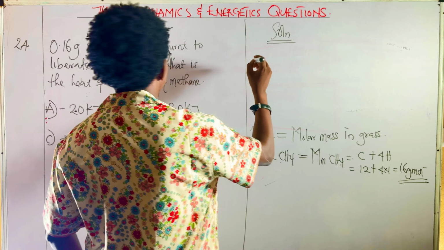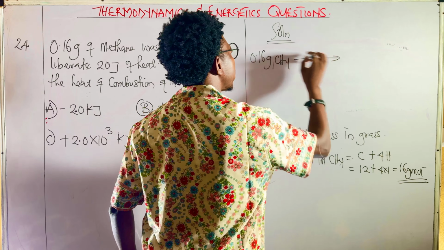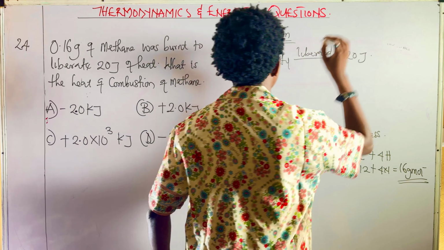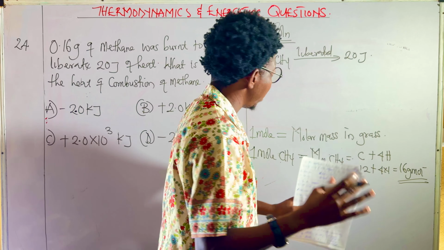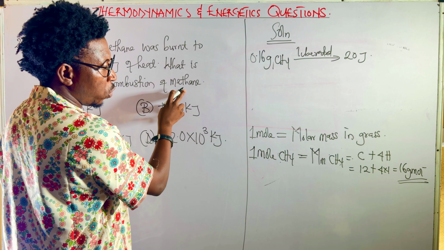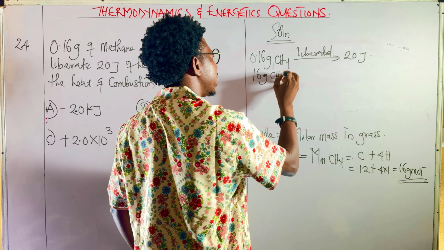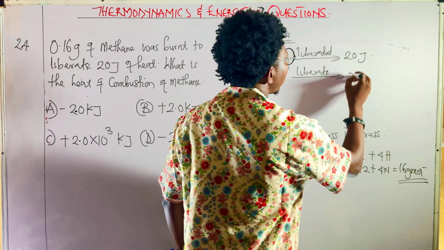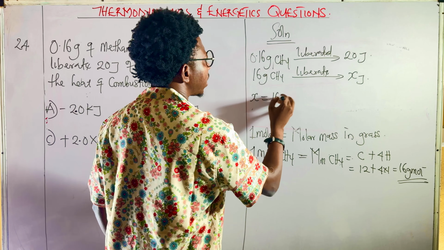When 0.16 gram of methane was burnt, heat liberated was 20 joules. But we have to take note of the sign, but not yet. Now, heat of combustion of methane is when we burn 1 mole of methane, which weighs 16 grams. So when we burn 16 grams, it will liberate X joules. If we make X the subject, X will be equal to 16 times 20 over 0.16.